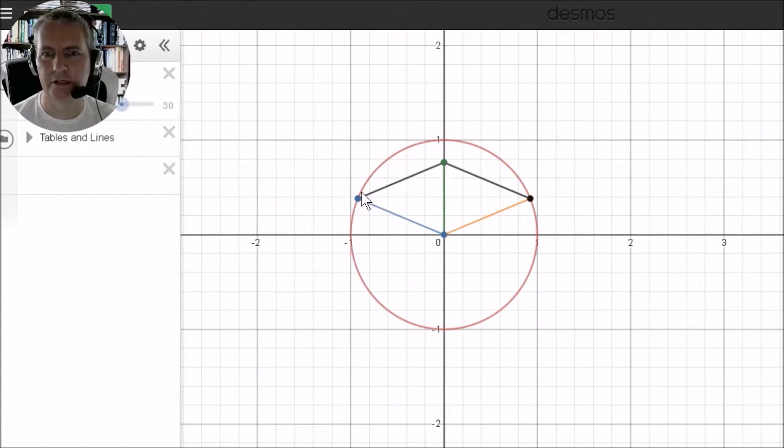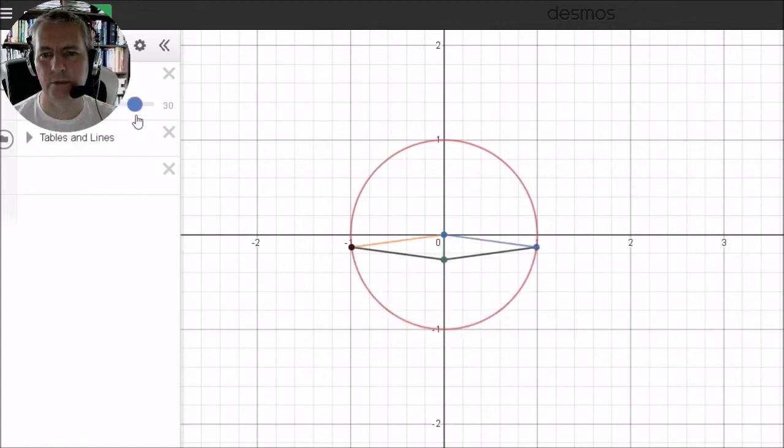As these points move round, this point will move up and down this line from +2 to -2, so let's see that happening. You can see it going from -2 to +2, and it's a vector addition of those two rotating phasors. So that's mapping out twice the sine, so the sine is half of that.